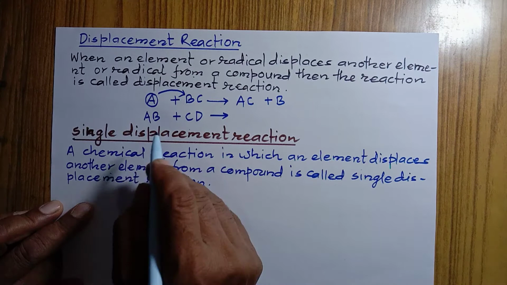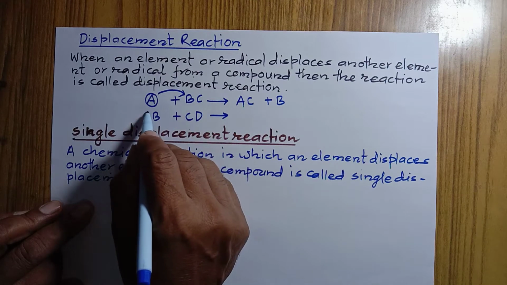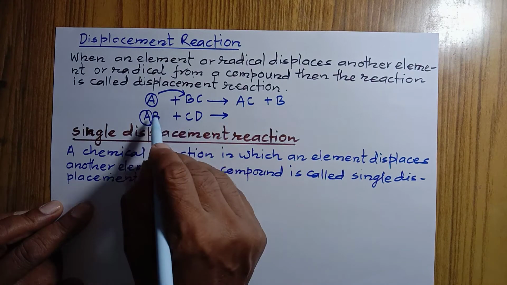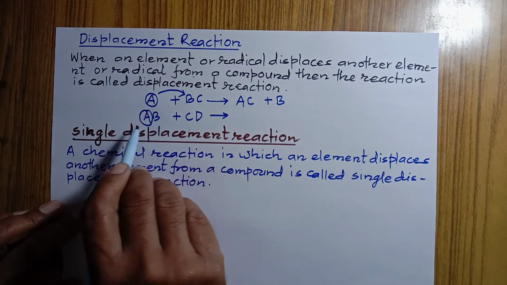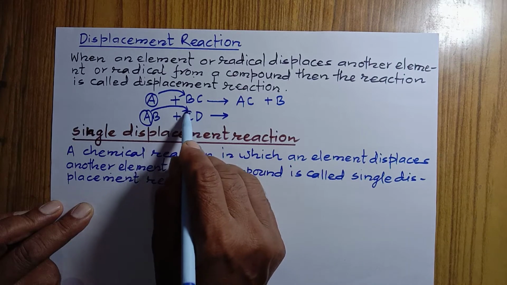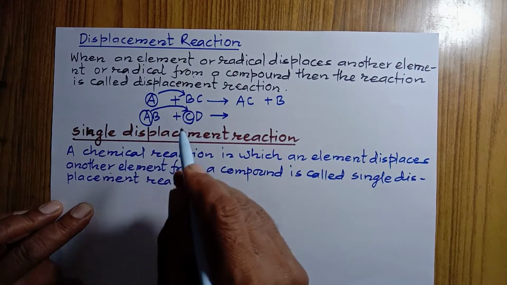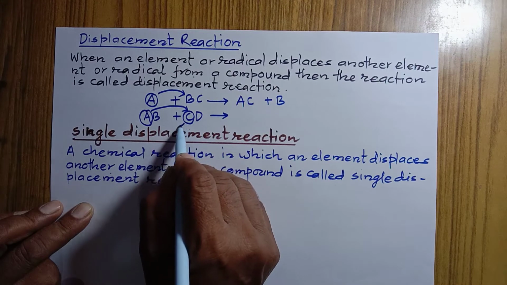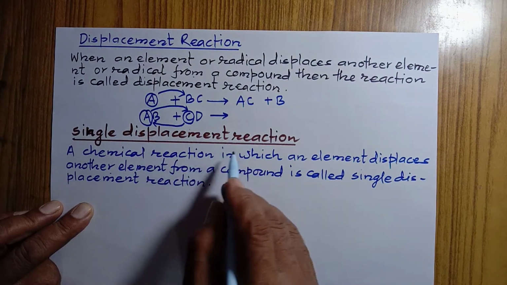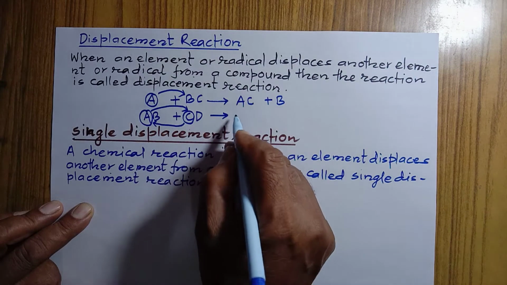And if the reaction occurs in this way, if the metallic part of the first compound displaces the metallic part of the second compound, and the metallic part of the second compound takes the place of the metallic part of the first compound, then our result will be like this.